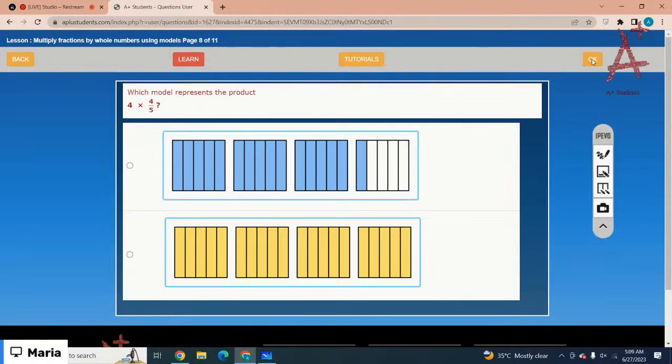No, 4 times 4 makes 16. 16 of the portions must be colored. So each shape has 5 portions, 5, 10, 15, and that would be 16. Option 1 is the correct option.